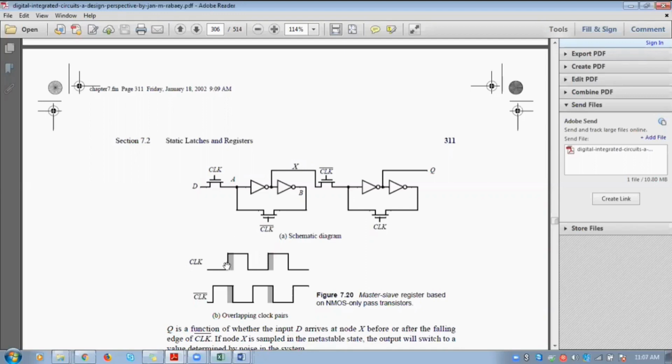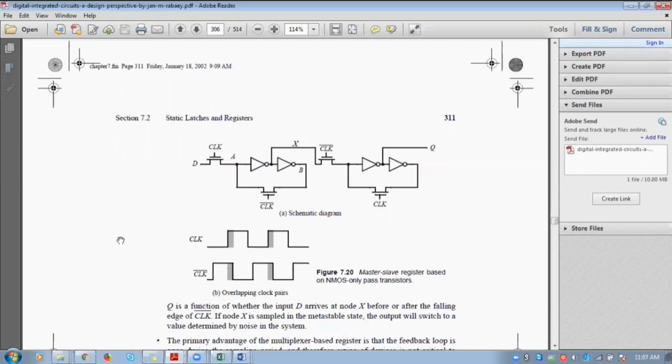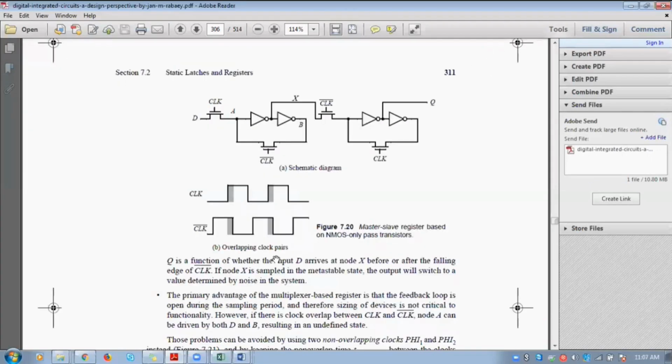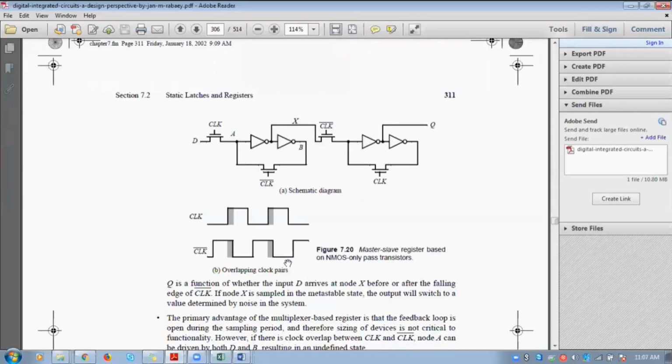See here, this is a 0 1 1 overlap. Here you have a 0 0 overlap. Here again a 1 1 overlap. Here again a 0 0 overlap. So these overlapping conditions result in faulty outputs.